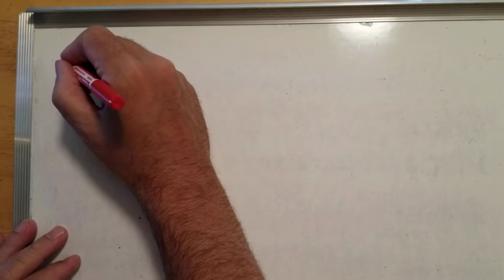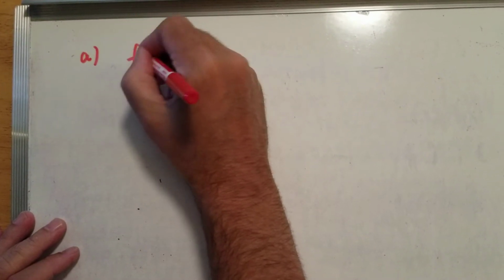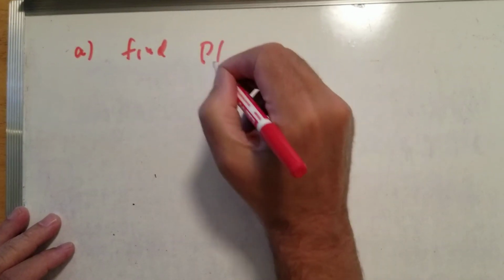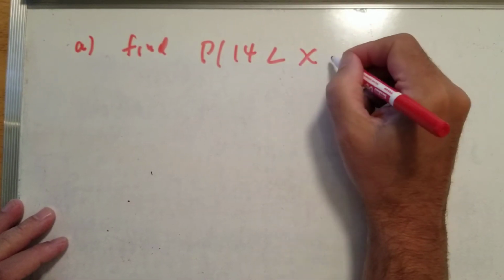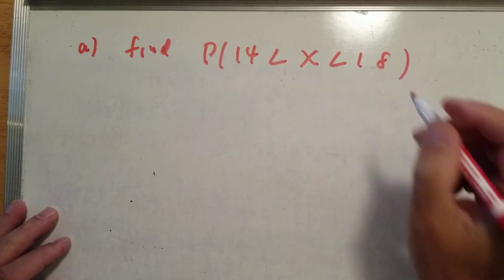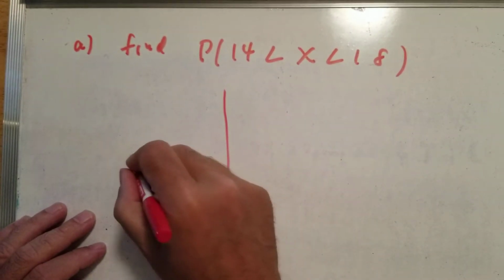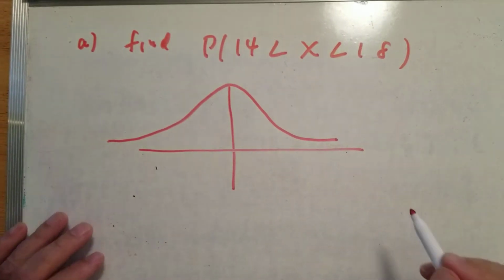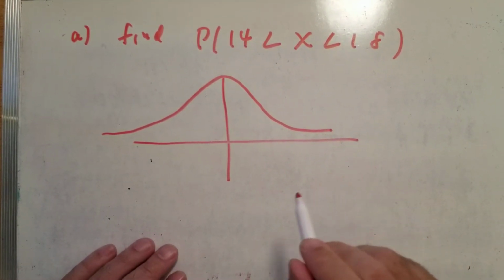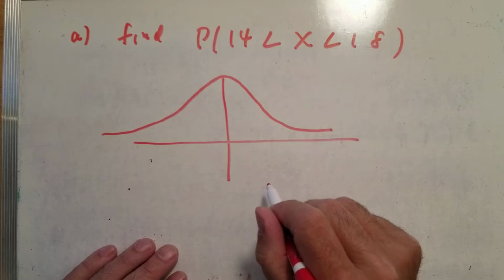So for example 1A, find the probability, say, that the height of the giraffe is between 14 and 18 feet. So I can draw a picture of this situation. It's the same curve as the standard normal, but now the mean is in the middle. When it was a standard normal, the mean was 0.